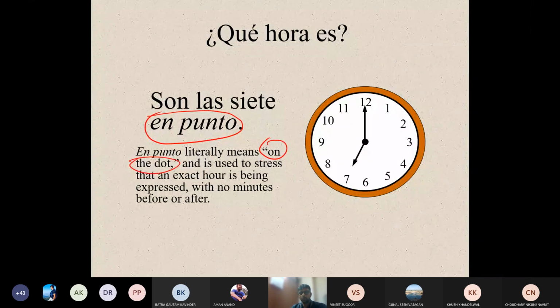If the person is not saying simply 7 o'clock, and wants to give a little bit of emphasis, saying it is 7 on the dot, exactly 7, then you should use en punto. It expresses that the exact hour is being stated with no minutes before or after.